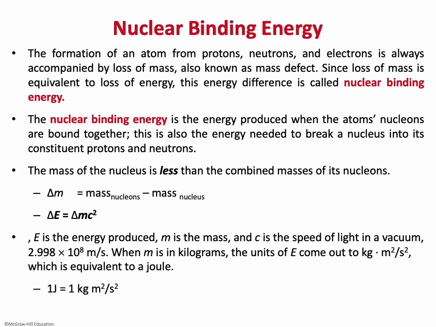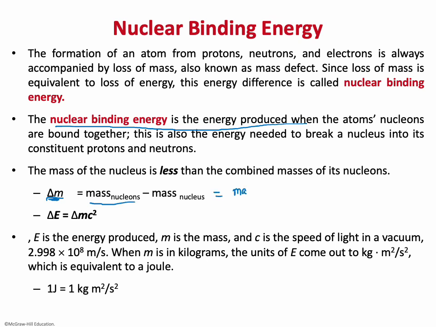Okay, so the nuclear binding energy is the energy produced when the atom's nucleons are bound together. This is also the energy needed to break a nucleus into its constituent nucleons, meaning protons and neutrons. Okay, how do we find it? You find the mass difference between the formation of an atom or a nucleus. That would be the mass of all the nucleons combined minus the mass of the nucleus.